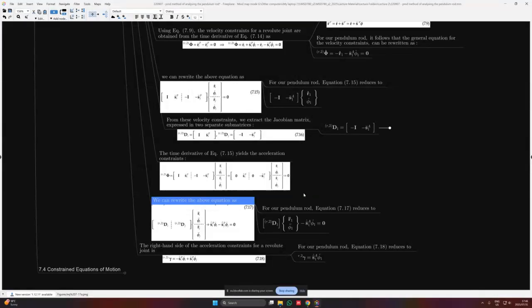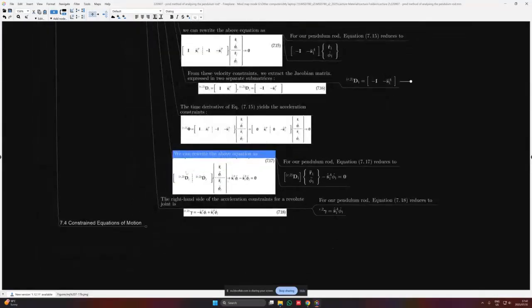And we can rewrite the above equation in this form as well. So we now know how the Jacobian matrix of the I and J bodies look, so we can simplify this first matrix that we have over here. The second part, or the vector that we have over here, essentially remains the same. And then we simply consider these forms over here, which is essentially a multiplication of the matrix that we have over here together with the vector form.